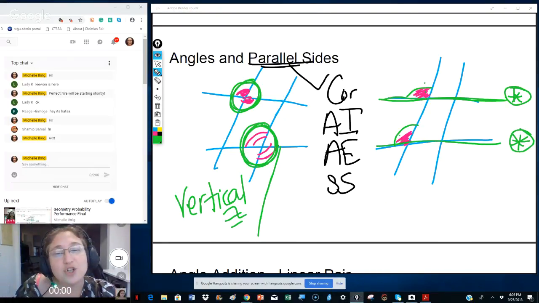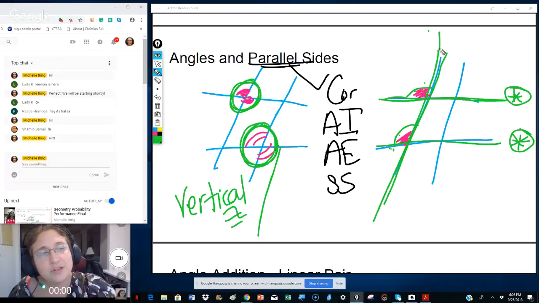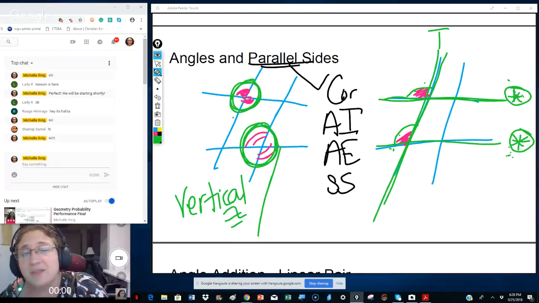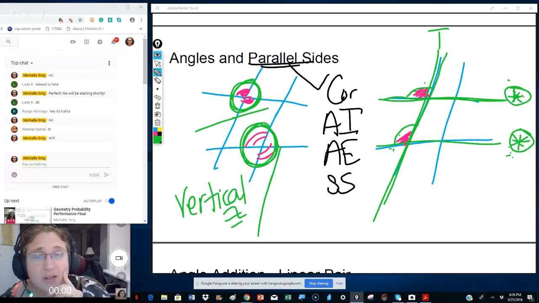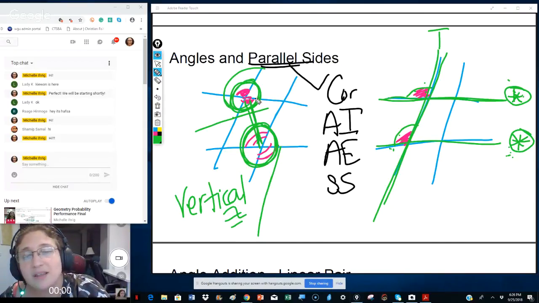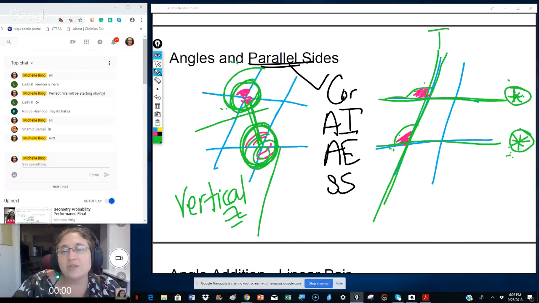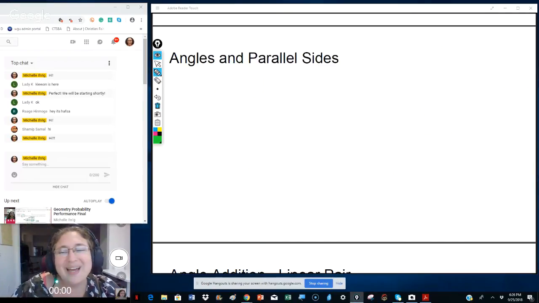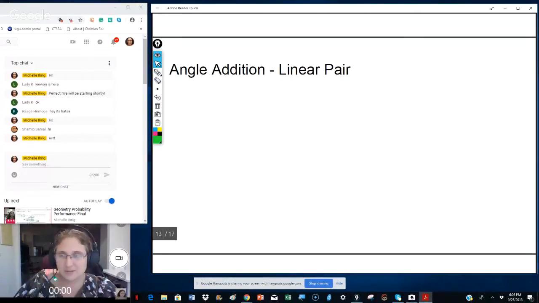So because they share parallel lines and they share the same transversal, that's how we know these lines are parallel. Here, they don't share the same transversal. And it's not like they're going opposite and these are the same. It's like this is its own idea up here. This one is its own idea down here. So when you see vertical angles, you cannot produce parallel sides.